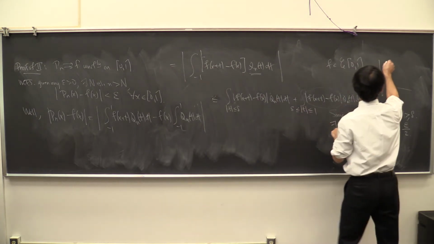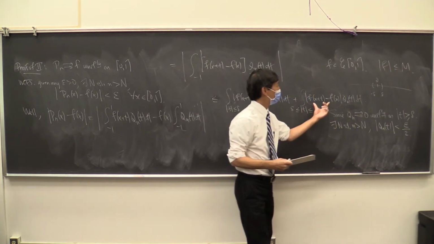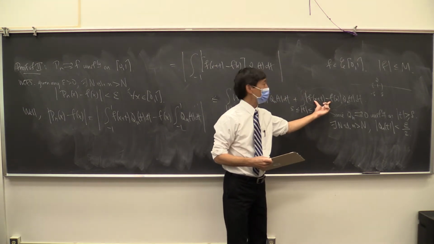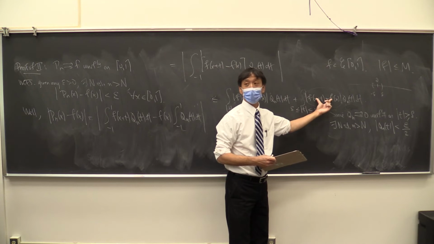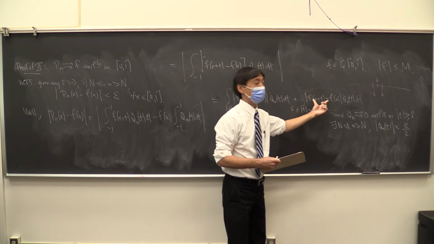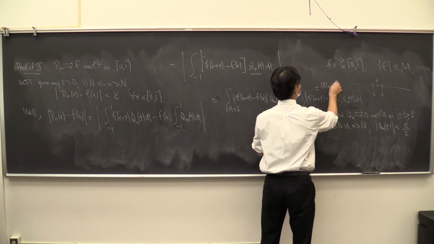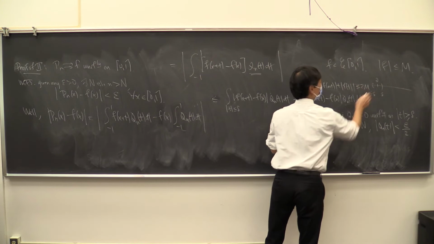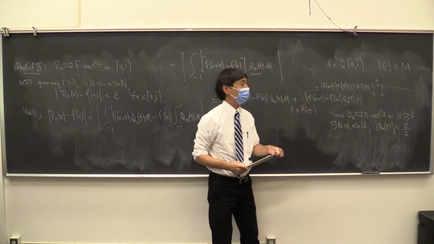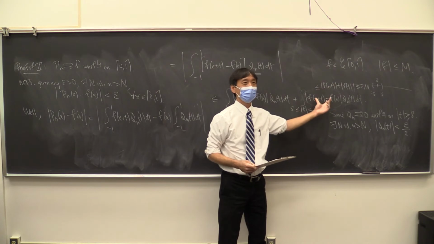So we know that there's some bound, let's call it M. And then we do something very crude. We say, well, look, this difference is controlled by the sum of the absolute values, which is smaller than 2M. It's crude, but we don't care.